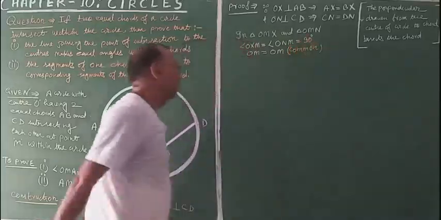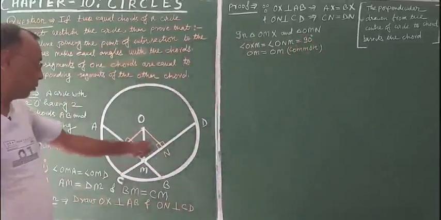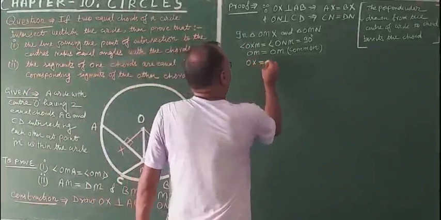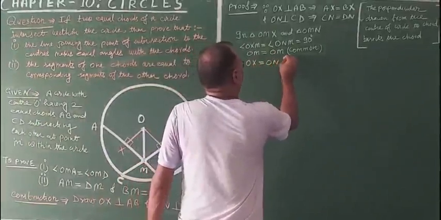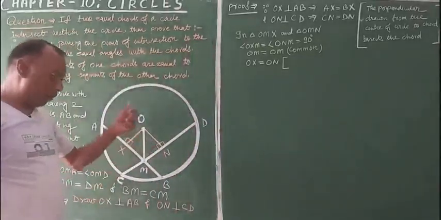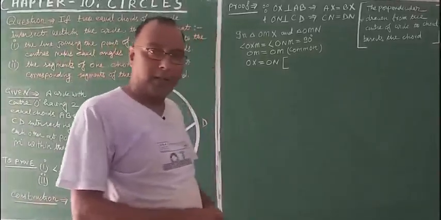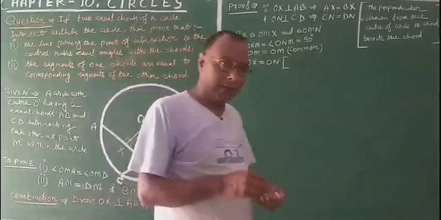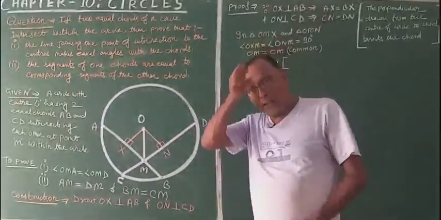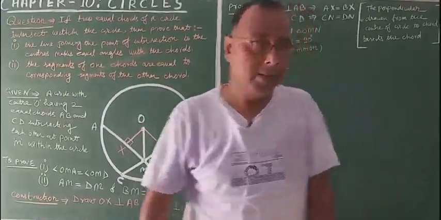And the third thing, OX is equal to ON. And what is the reason? Because OX and ON are the distances of the chords AB and CD from the center. And since AB and CD are equal chords, therefore their distances from the center will be equal.